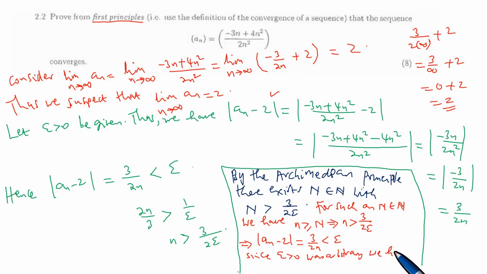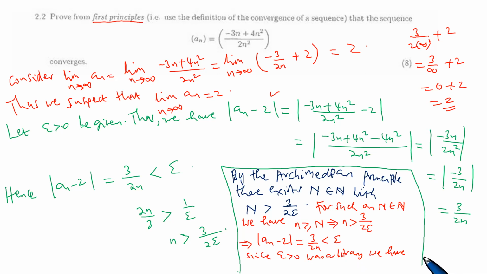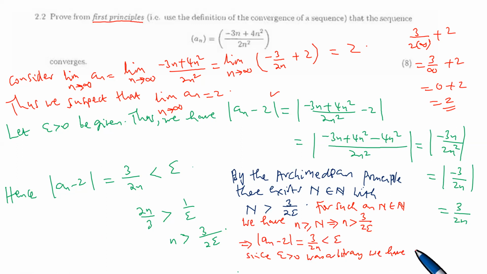We have the limit of a_n equals 2 as n approaches infinity.